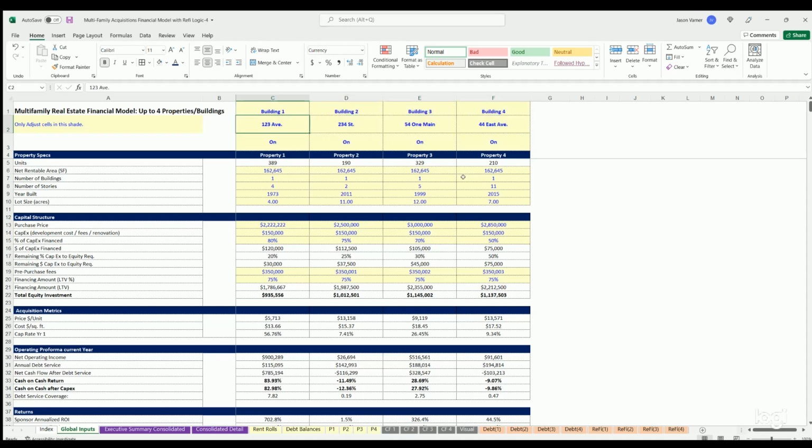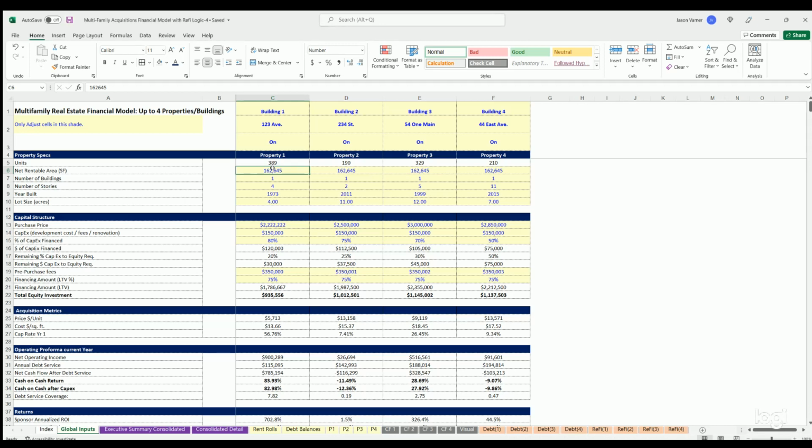That will flow through the model accordingly. You can turn each deal on or off with this selector. If you put it off, it'll just not include any of the numbers in any of the summary data or any data across the whole model. So very easy. It's nice for the user. They don't have to manually go through and zero everything out if they don't want to.